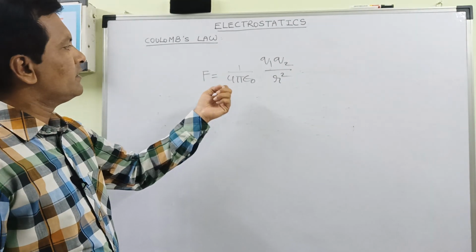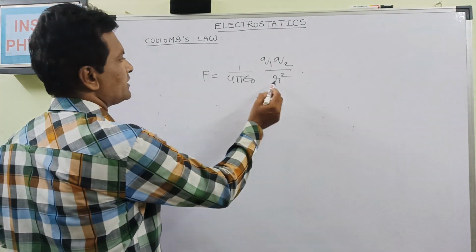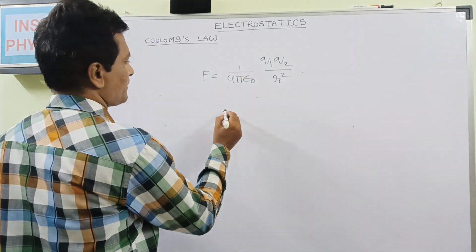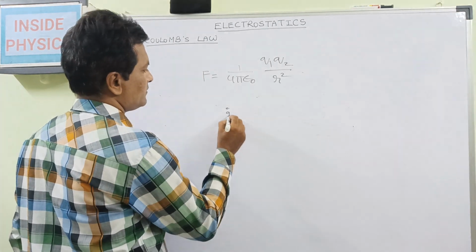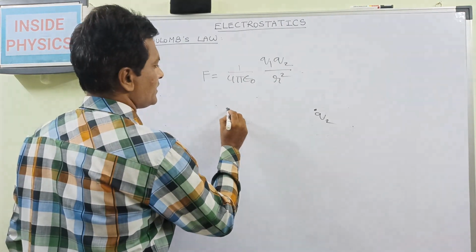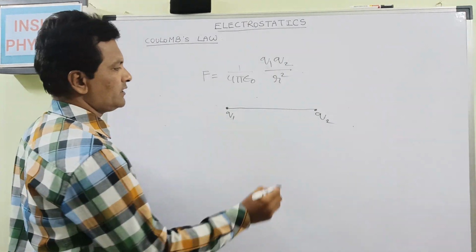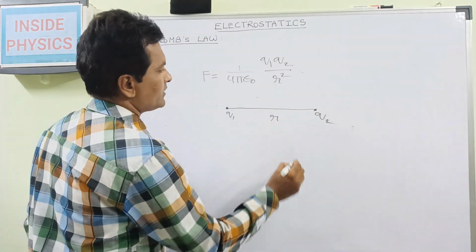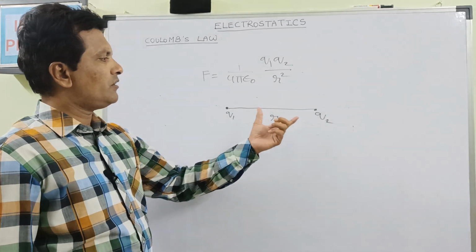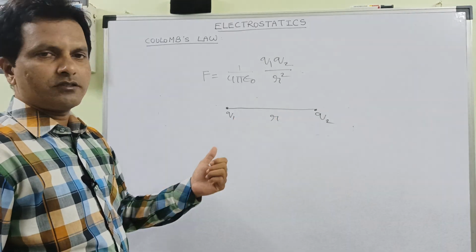By this we can state Coulomb's law, in which the force is inversely proportional to the square of the distance between the two point charges. If Q1 and Q2 are two point charges, and R is the distance between them, then when these are two similar charges, the force will be repulsive.